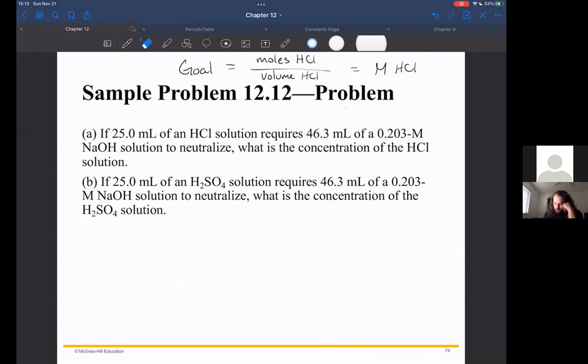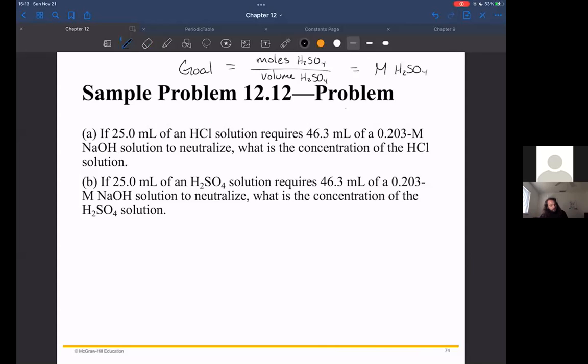If 25 milliliters of H2SO4 solution requires 46.3 milliliters of 0.203 molar NaOH solution to neutralize, what's the concentration of sulfuric acid? So here again, similarly, my goal is to find moles of sulfuric acid so I can divide it by the volume of sulfuric acid to get the concentration, or the molarity, of that sulfuric acid.